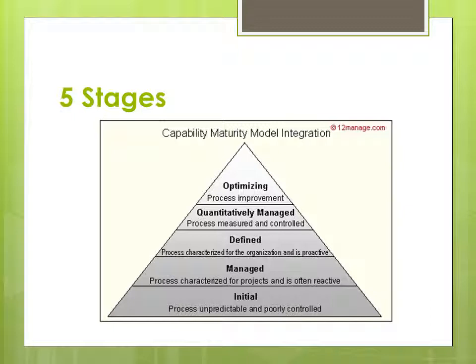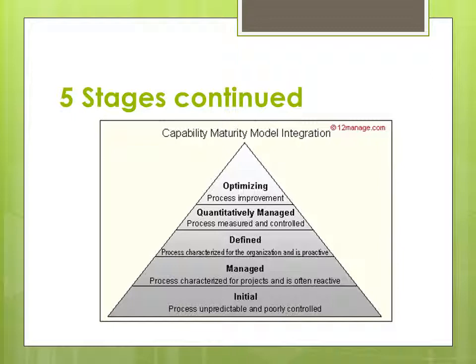Now we will go into the second part of the 5 stages, quantitatively managed and optimizing. Moving forward, quantitatively managed is that the process is managed in accordance with agreed upon metrics. It is characteristic of processes at this level that, using process metrics, management can effectively control the AS-IS process.